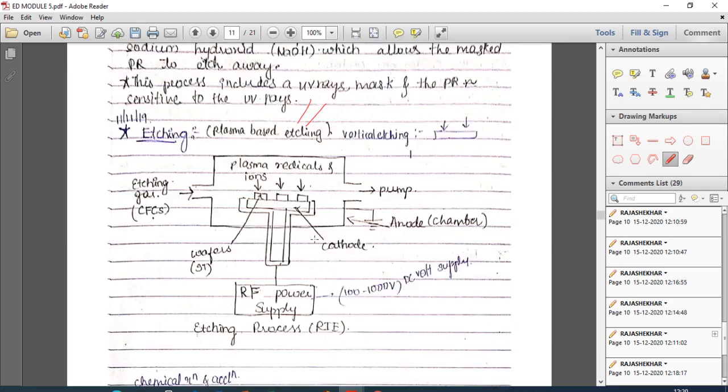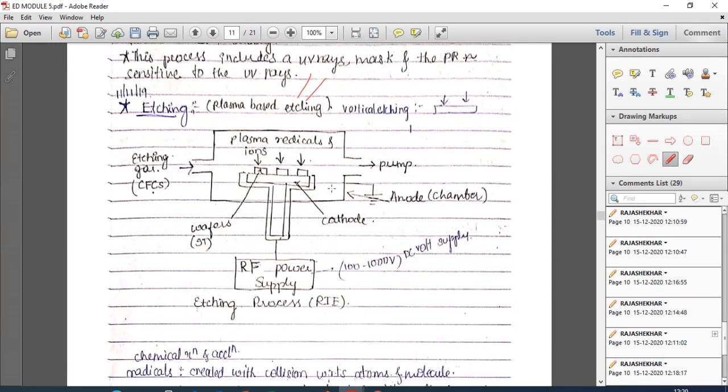The process used is called plasma based etching, or also called reactive ion etching, RIE. These are the two names, used just to etch or remove the unwanted material present while performing photolithography.